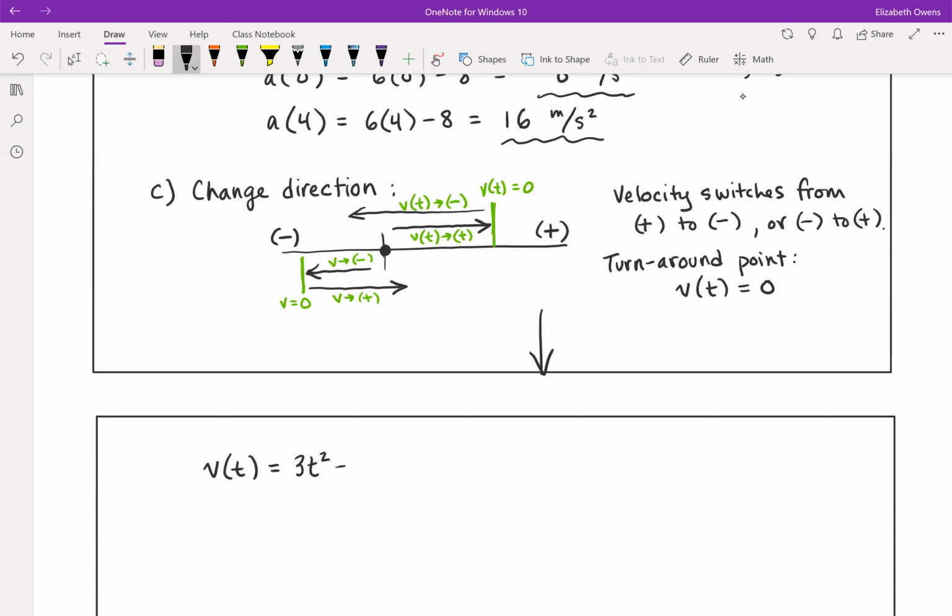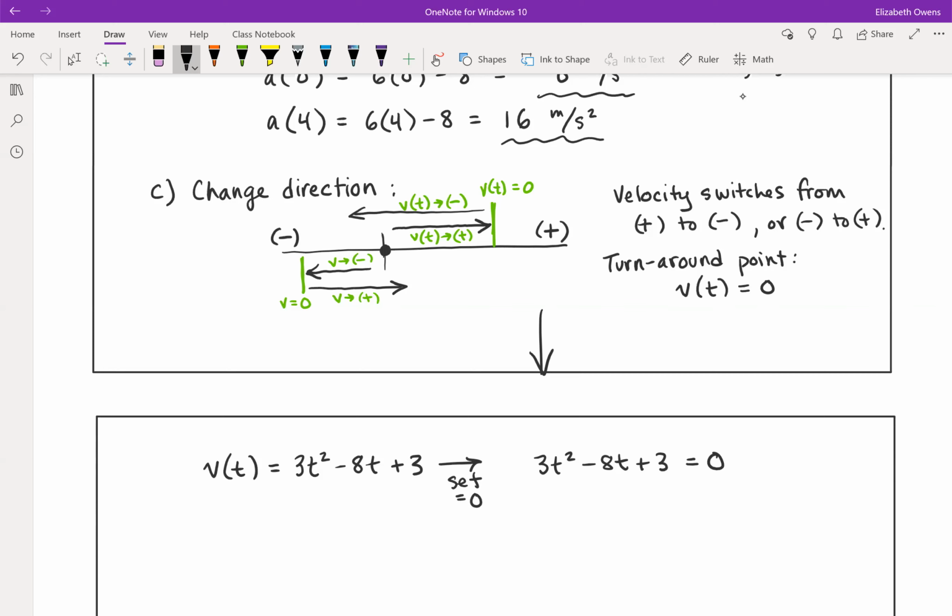Now, ideally, we would take this and hopefully factor it, because we want to set this equal to 0 to look for those turnaround points. 3t squared minus 8t plus 3 equals 0.